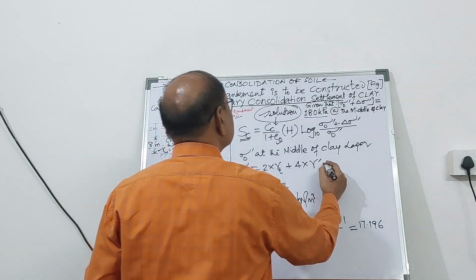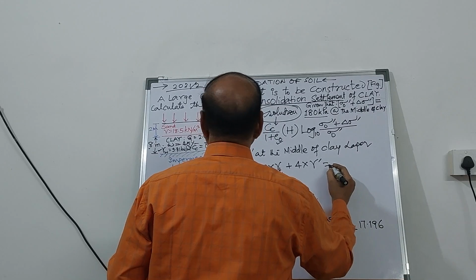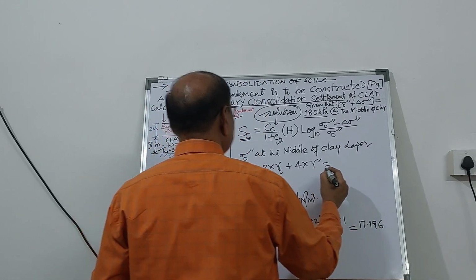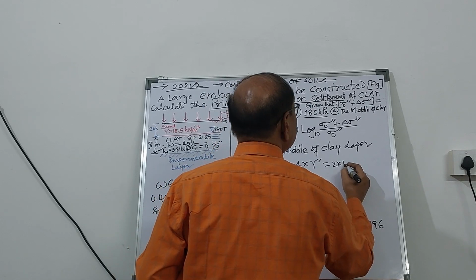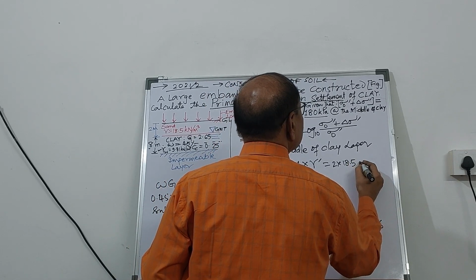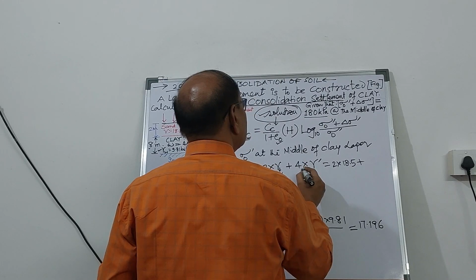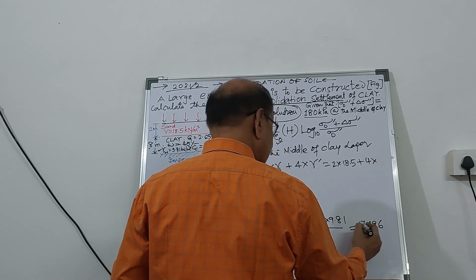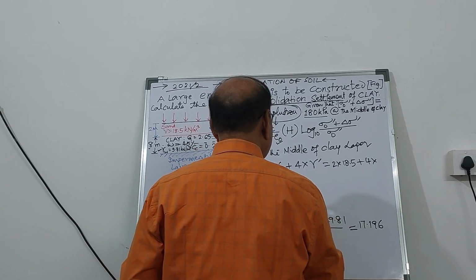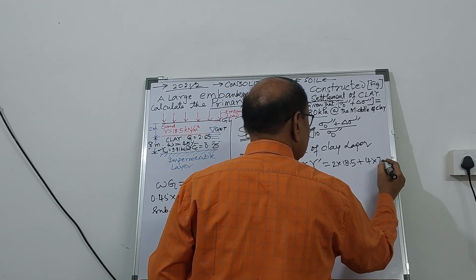So here in this equation now, it is very simple. Up to 2 meter, it is above the water table, so the unit weight is 18.5. Plus 4 into gamma prime just calculated as 7.38.